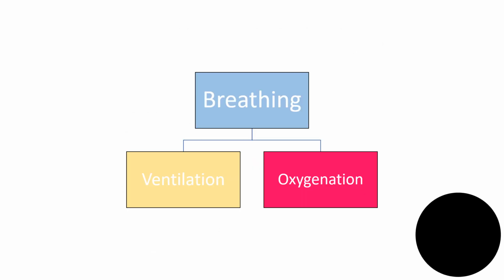As we mentioned, the main function of the respiratory system is the act of breathing, which is actually divided into two parts. The first part is the ventilation, and the second part is the oxygenation. And we're going to go over each one in detail, starting with the ventilation.